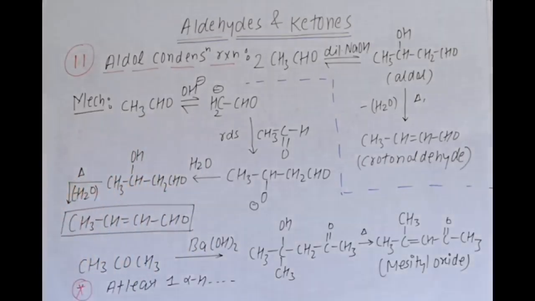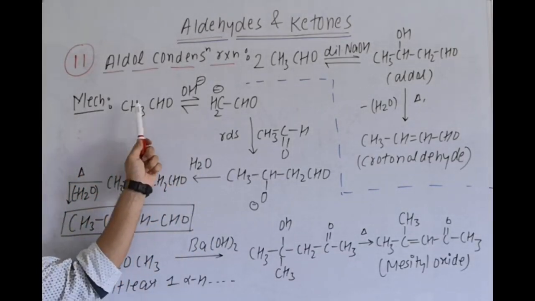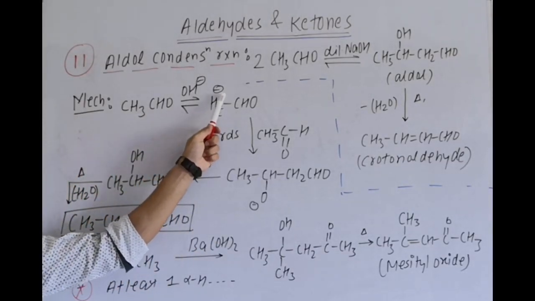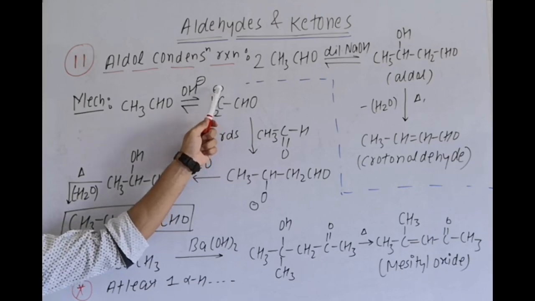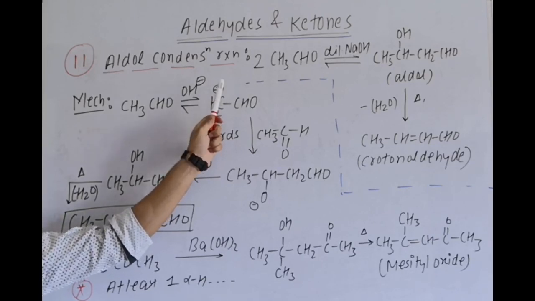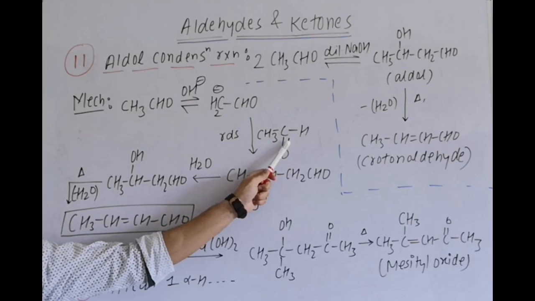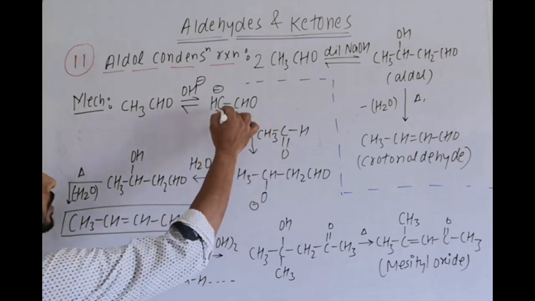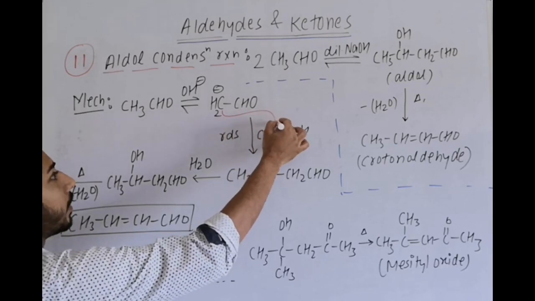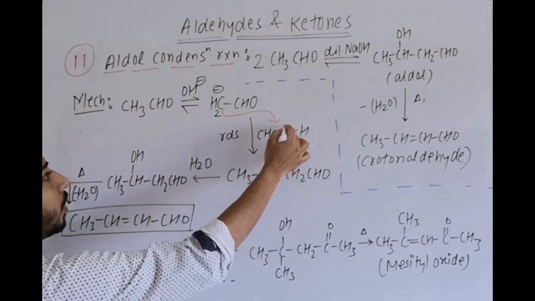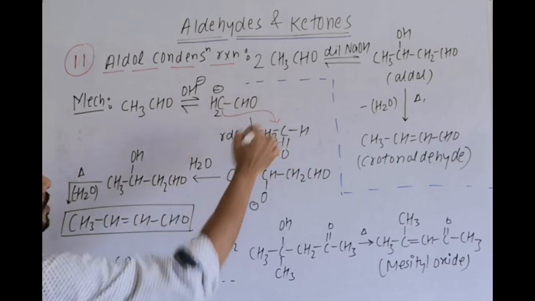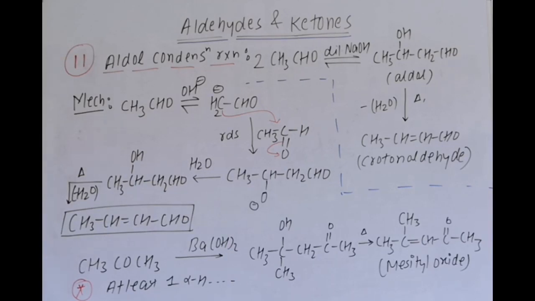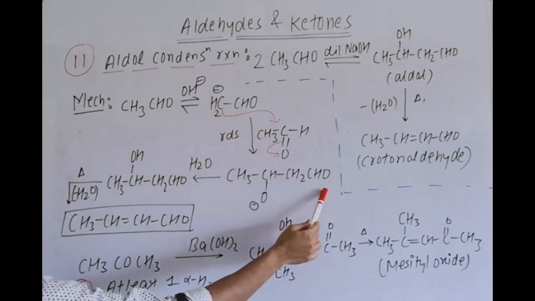Now the mechanism. The alpha hydrogen is taken by the base. What is generated? Nucleophile CH2-. This nucleophile will add on another carbonyl group; CH2- will attack on this carbon and it forms O-. This bond is formed. This step is the slowest step of the reaction. CH3CH(O-)CH2CHO.